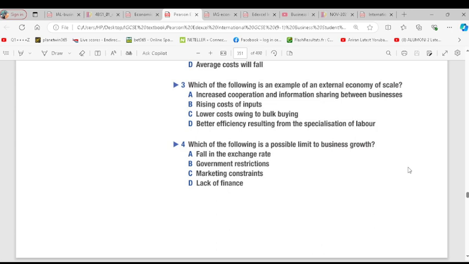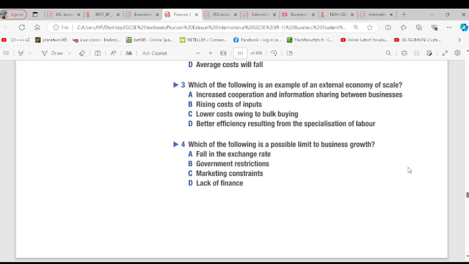Question 3, please. Number 3. Which of the following is an example of an external economy of scale? A. An increased cooperation and information sharing between businesses. B. Rising costs of input. C. Lower costs owing to bulk buying. D. Better efficiency resulting from the specialization of labor.